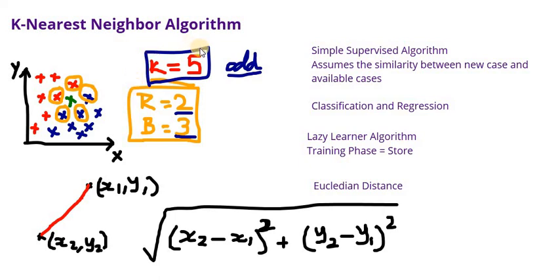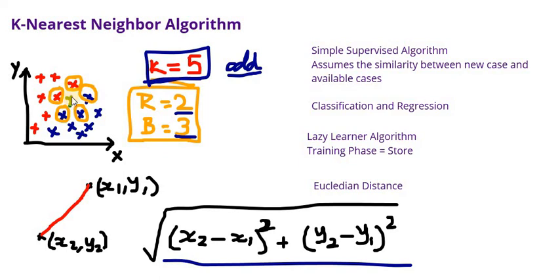Once the value of k has been chosen, the next thing you need to do is calculate the distance between the new node and all other available nodes. For that you will use the Euclidean formula, that is x2 minus x1 the whole square plus y2 minus y1 the whole square, and the square root of this. This gives you the distance between the different nodes.